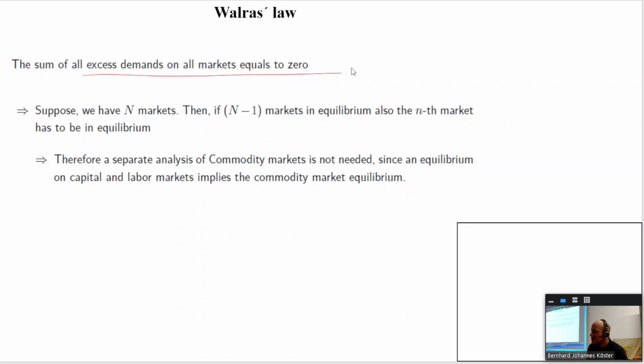And if we assume that a market is in equilibrium, and we are looking simultaneously at all markets, then we also know that if n-1 markets are in equilibrium, the last market, so to speak, I do not have to calculate or look at, because then I directly know this market also has to be at equilibrium.